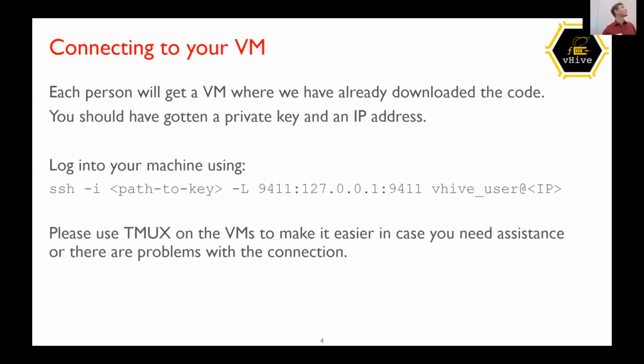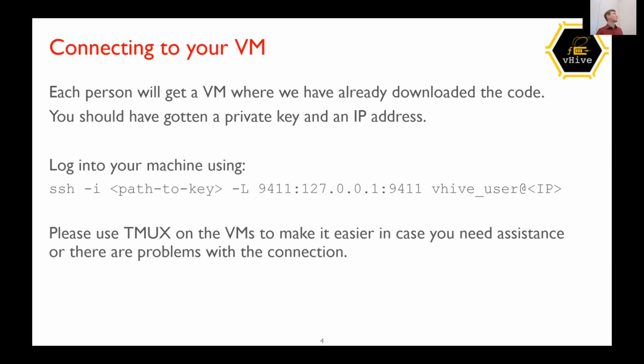All right, so first, each one of you should have gotten a VM, and you should be able to log into it with SSH. Please note that you should add the port forwarding that I added to the SSH command. This will be used later to access the UI for the actual tracing, just to make it easy, so you can look at your local browser instead of doing anything else.